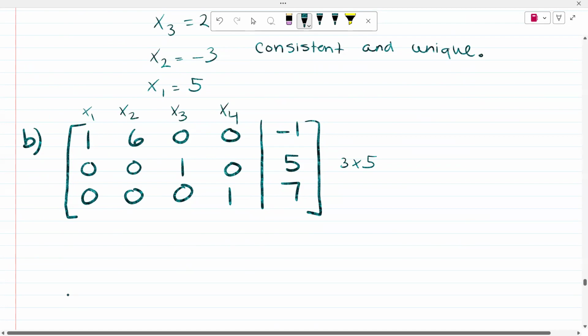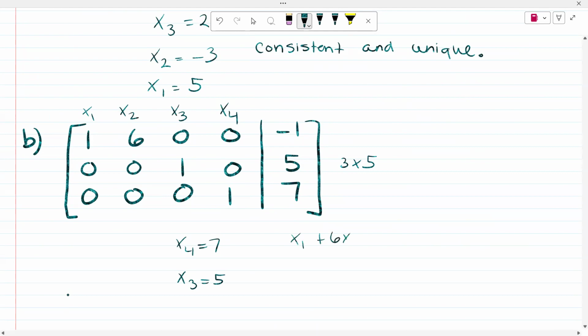So let's see here. This one is 1x4, so it would be x4 equals 7. This one would be x3 equals 5. And then this would be x1 plus 6x2 equals -1.